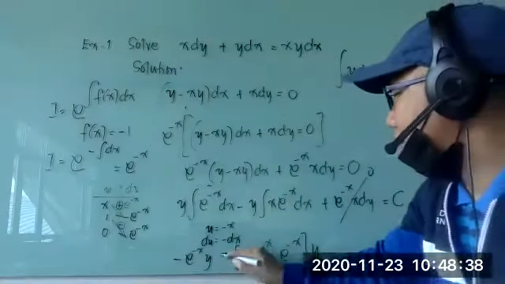Now, take a look at yung M and N natin. Kung ano yung possible na pwedeng ma-divide natin. So ito, yung M natin, 2xy² − 2y. Factorable dito, sige, try natin i-factor yung y. So this will become y times (2xy − 2).